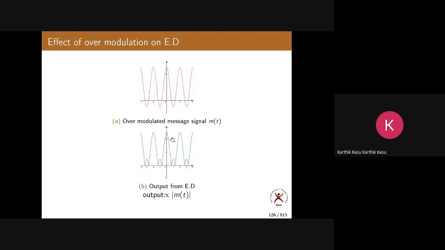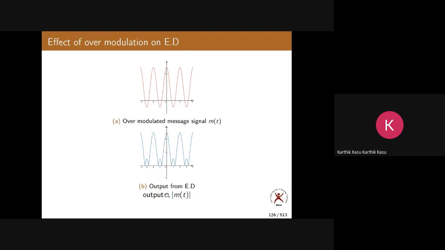How are these related? You can clearly see that if it is positive, it is also positive. If it is negative in this region, it has become positive. So positive remains positive, but negative becomes positive. That is nothing but what? Mod operation, correct?